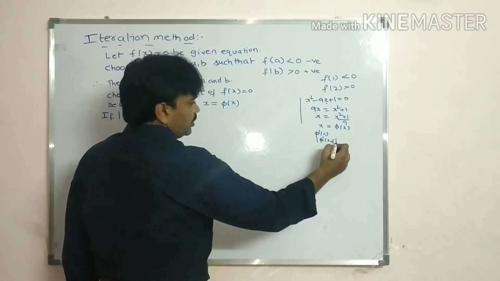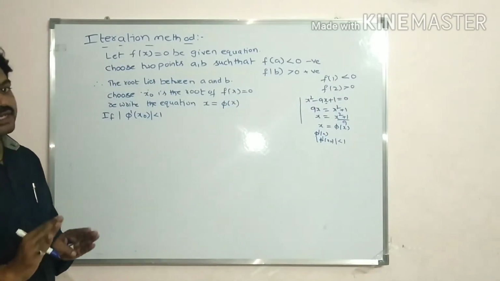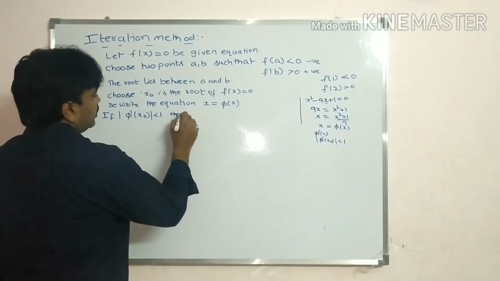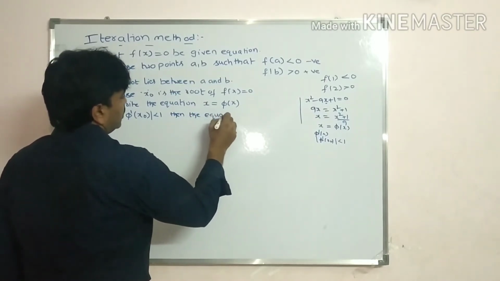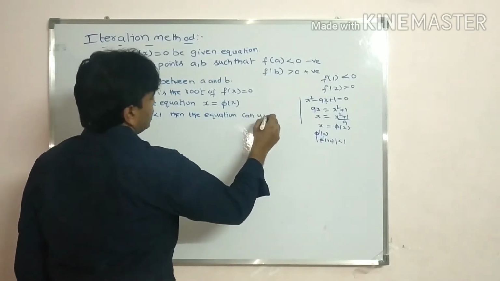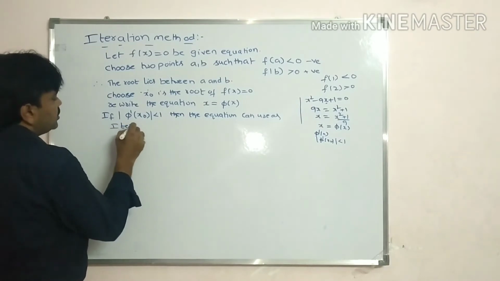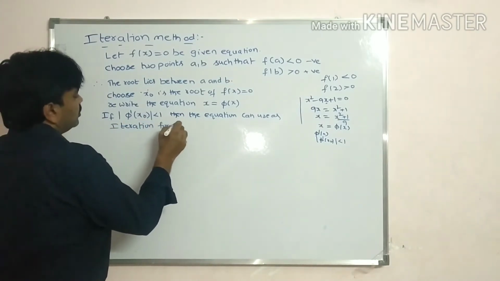This value must be less than 1, students. Then the equation can be used as iteration formula.